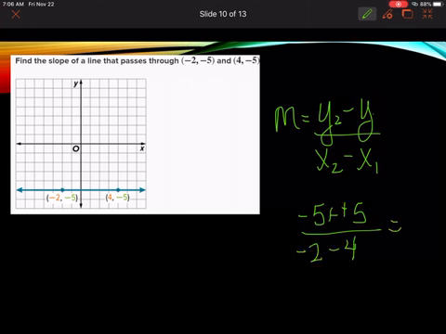So remember, this becomes plus, so that's 0 over negative 6. Zero divided by anything is 0. So this is a 0 slope. Whenever you have a straight line that goes horizontal like that, the slope is 0.